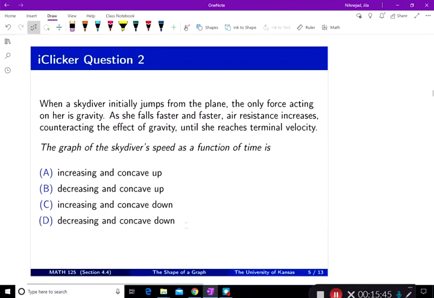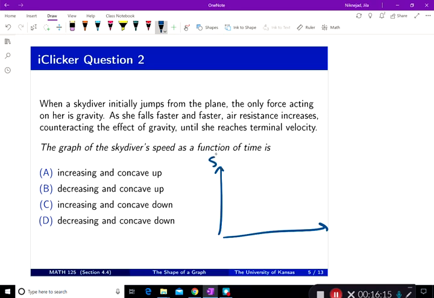I got question 2 of section 4.4. When a skydiver initially jumps from the plane, the only force acting on her is gravity. As she falls faster and faster, air resistance increases, counteracting the effect of gravity until she reaches terminal velocity. So again, it's telling you speed, so it's not velocity, it's not a negative value, it's a positive value, right?